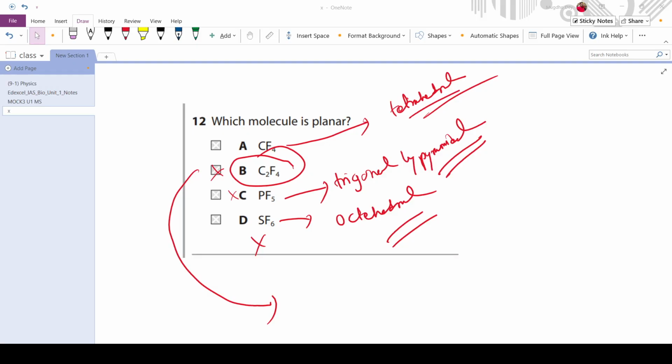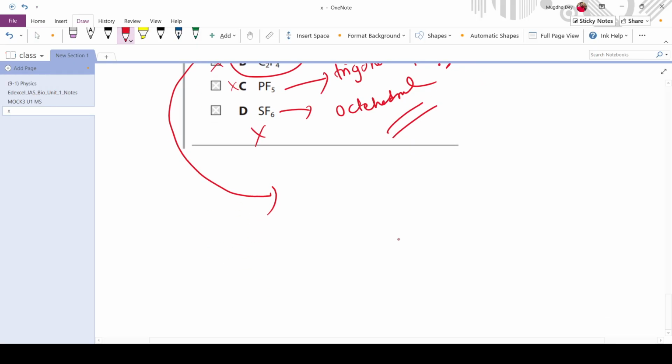Okay, C2F4. If we just draw it, C2F4. To be honest, there isn't any central atom here.